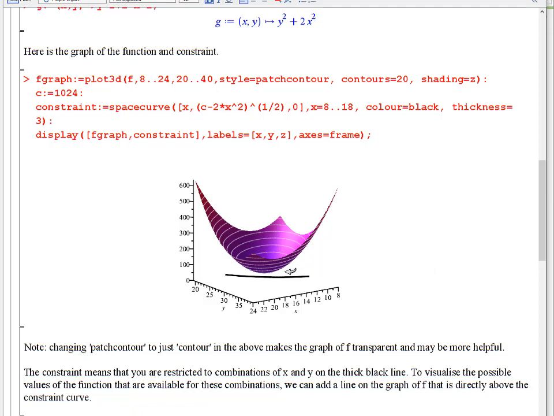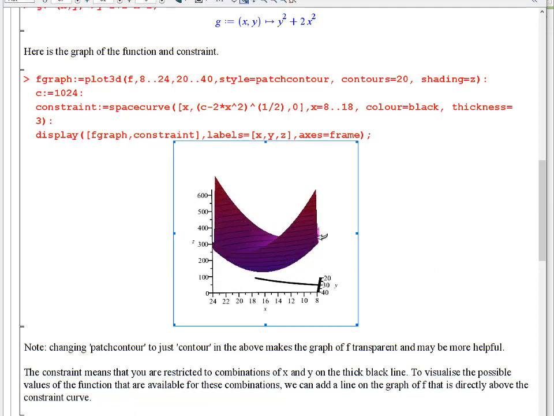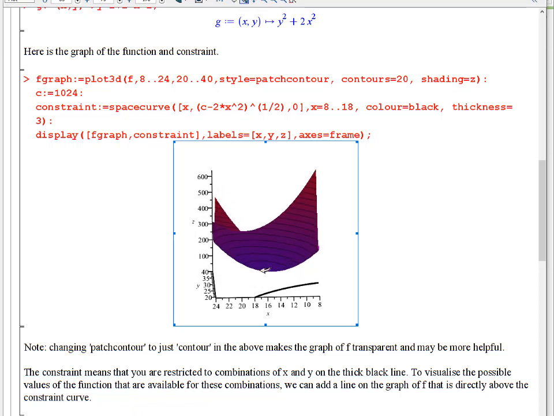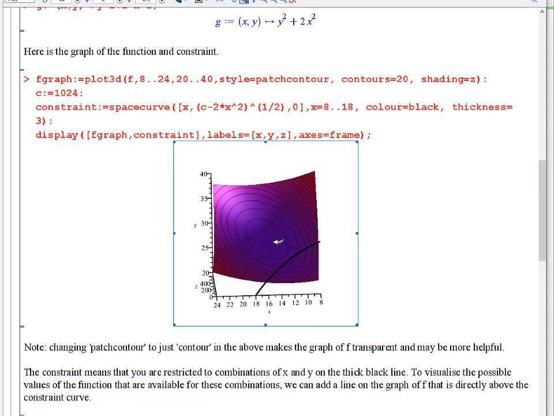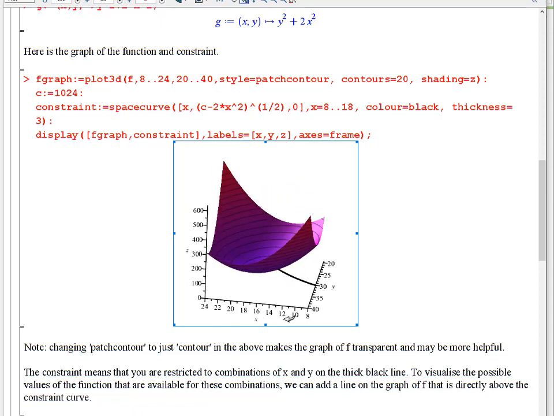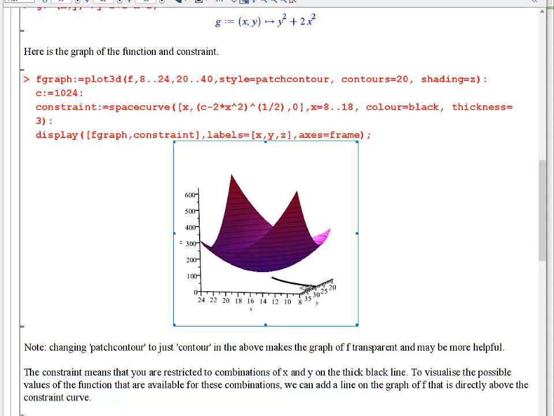As before, here's the graph. If it was just minimize this, you could find the first order conditions, and you'd find that the answer is around here. However, now we're not allowed to do that because the constraint says you must stay with those combinations of x and y that satisfy the equation g equals 1024.